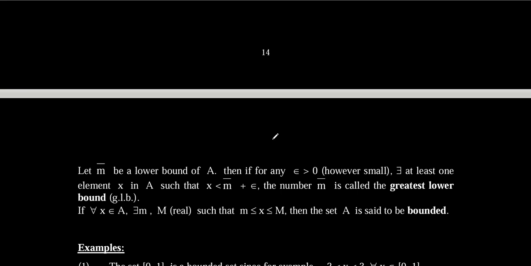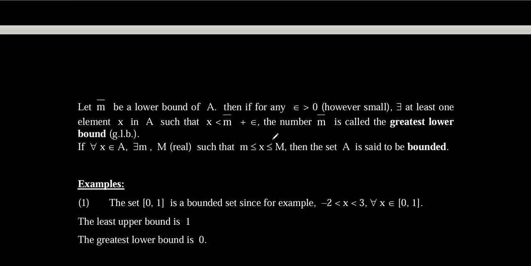So let's see an example. The set (0, 1) is a bounded set since, for example, -2 less than x less than 3 holds for all x in (0, 1). (0, 1) will be in this range.